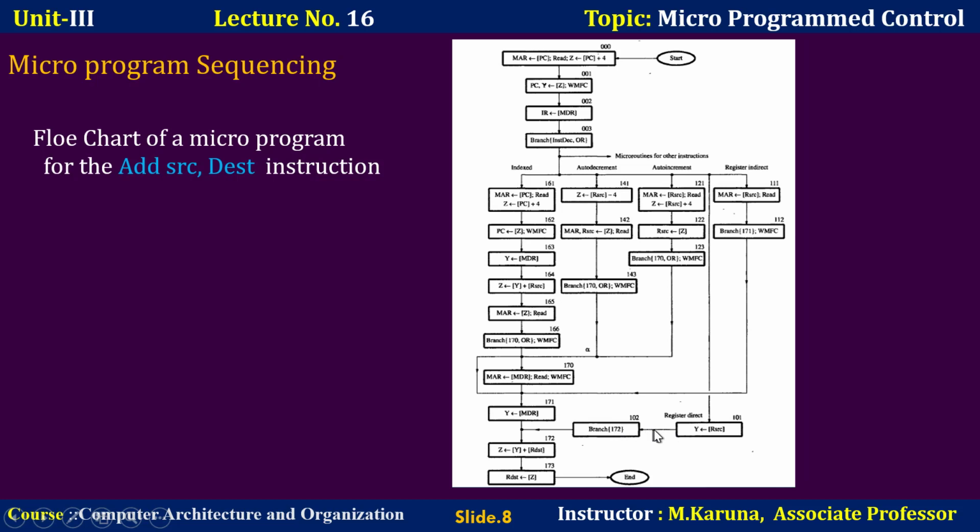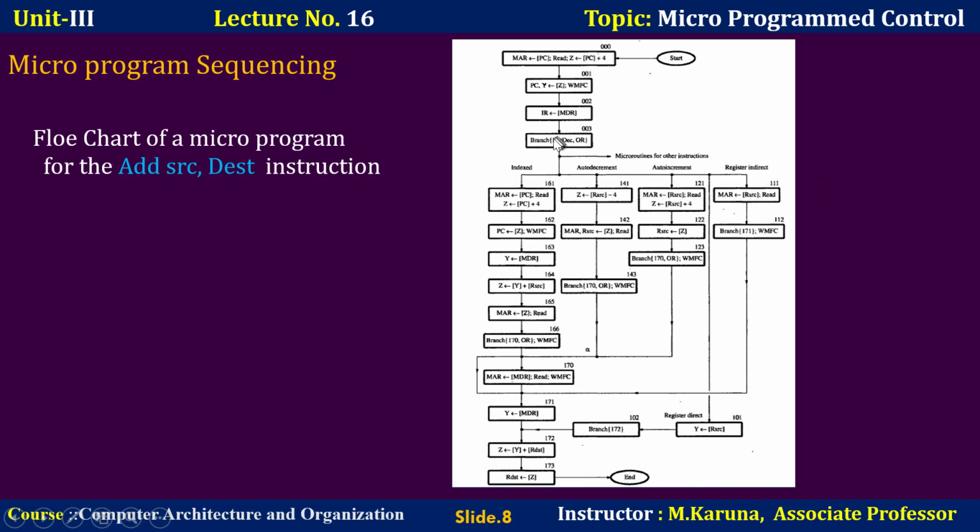Then the processor jumps to the specified branch, that is 172, where the first operand, available in Y, will be added to the content of the destination register, then transferred to Z temporarily. From that Z output will be transferred to the destination register, then stop the procedure.